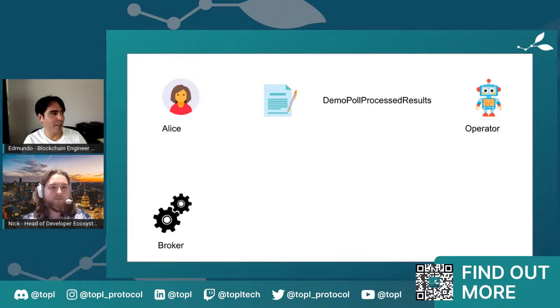Maybe I should explain the notion of trigger. When we look at this image, we have the three parties: the operator, Alice, and the broker. The broker is a Java application, constantly listening to the contracts, to a reactive stream that comes from the node.